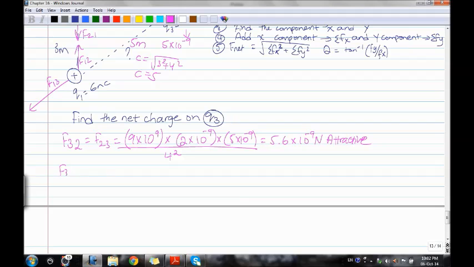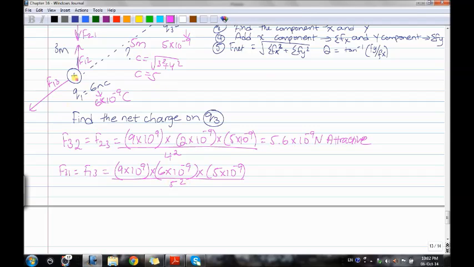Now, F31 equals F13. So 9 times 10 to the power of 9 times Q1, which is 6 times 10 to the power of negative 9, times Q3, which is 5 times 10 to the power of negative 9, over 5 squared.